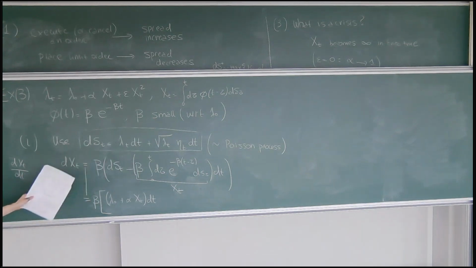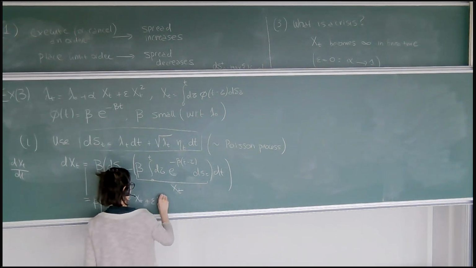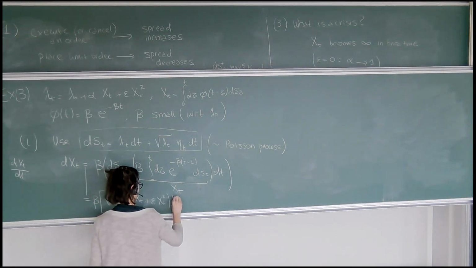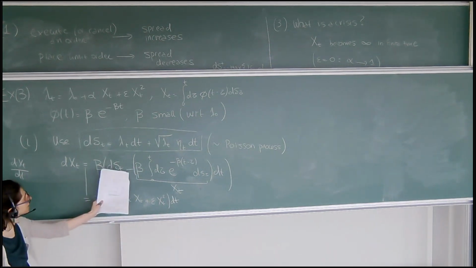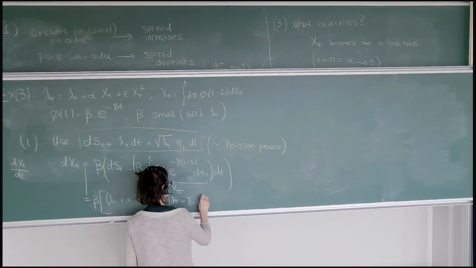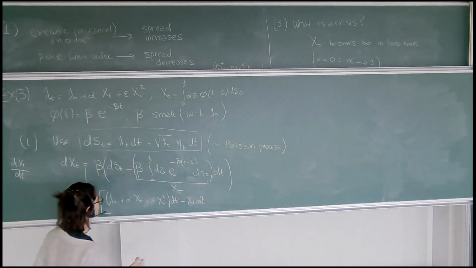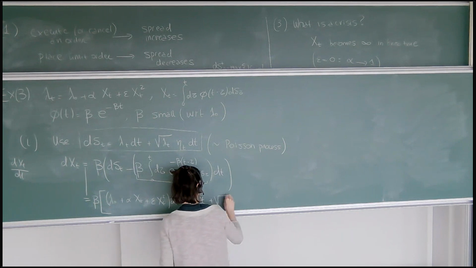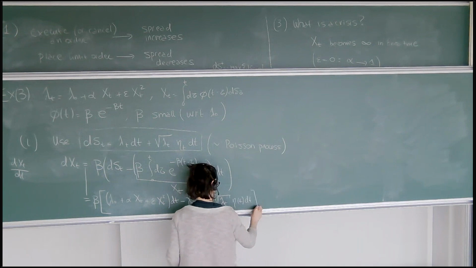Then I have the noise, so sorry, I forgot the epsilon: plus epsilon x of t squared times dt. The noise, I will write it as a last contribution. So then I have the beta minus x of t times dt. And then I have the noise, which is encoded in here, which was the square root of lambda. So I will write it as plus square root of lambda t, eta of t, dt.